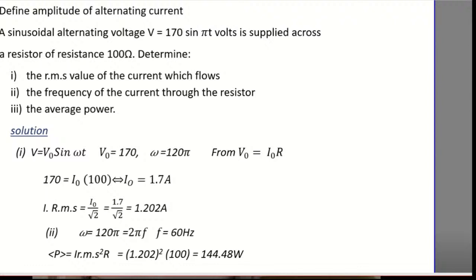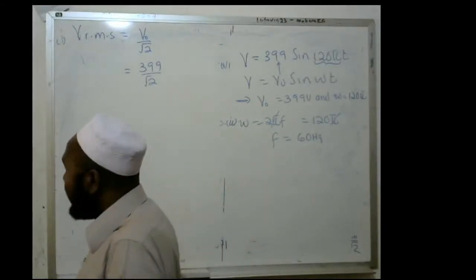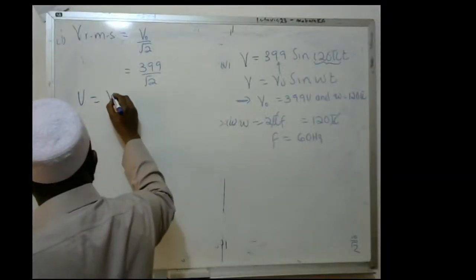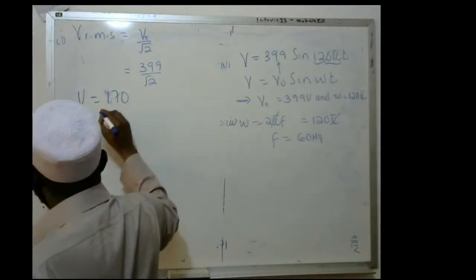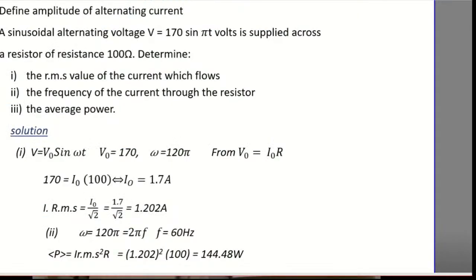Now our interest is to obtain the RMS value of current which flows, the frequency of the alternating current through the resistor, and then the average power. We are also making a comparison: V equal to V naught sine omega t, and V was given as 170 sine pi t.